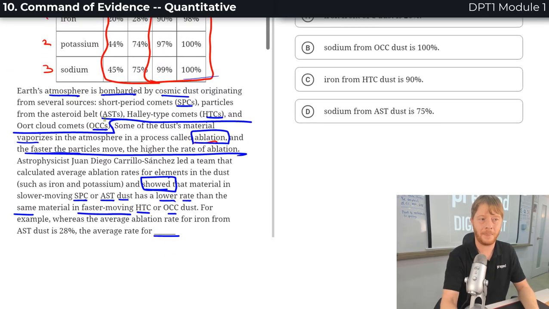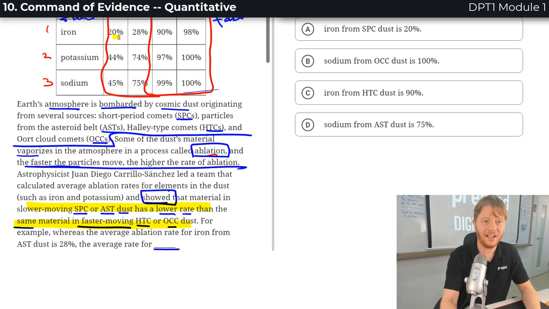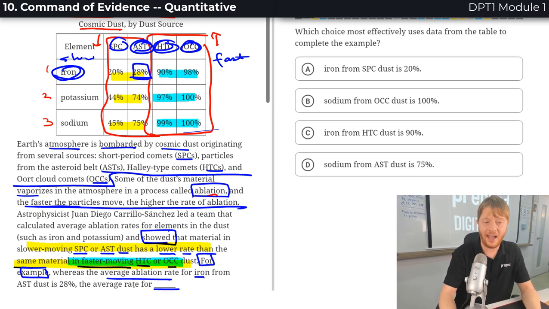This dust. Okay. It's hard for us to wrap our heads around that, or at least it's hard for me to wrap my head around that. They're saying that this material has a lower rate, seems to be true, than the other ones which have a higher rate, seems to be true. For example, whereas the average ablation rate for iron from AST dust is 28, the average rate for blank.